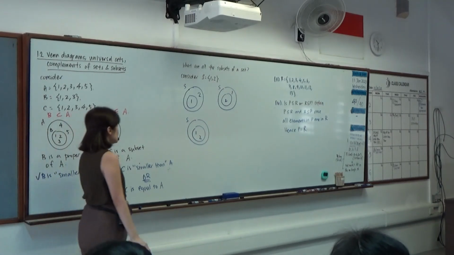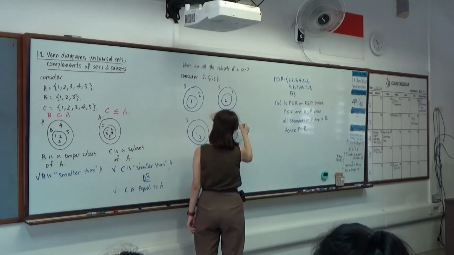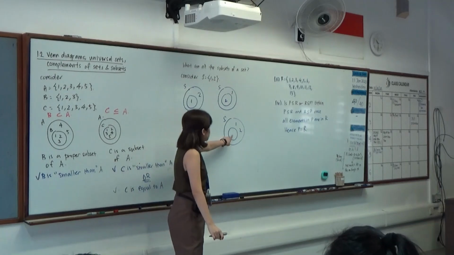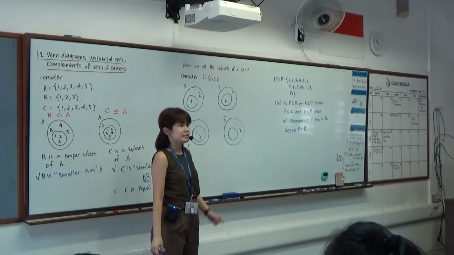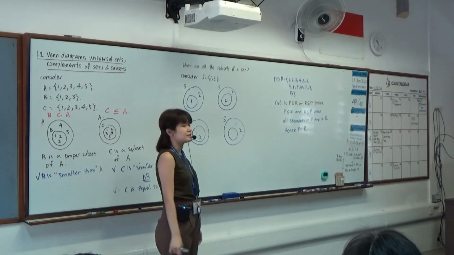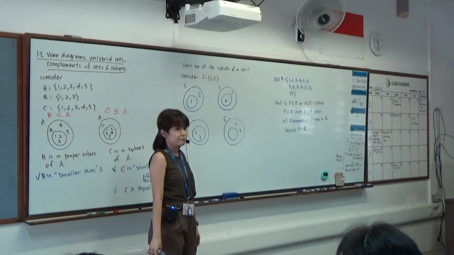My next question to you is, is it okay if I draw something like that instead, whereby the set that's inside is actually empty? Yesterday when we learned about the empty set, the empty set is a set itself.